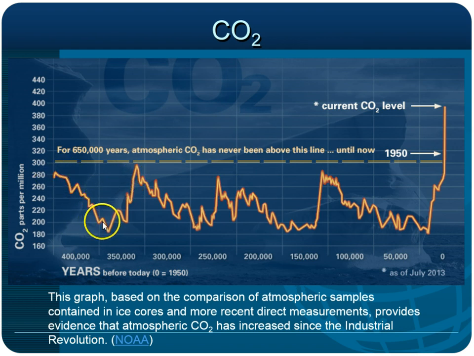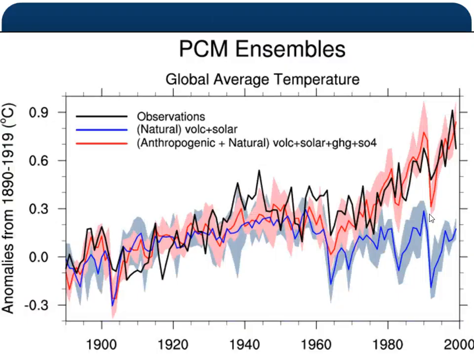This is over tens of thousands of years that you have these changes. But look here, this has been over less than 200. So that's got to tell you something about this not being a natural cycle. The natural cycles seem to be very predictable, and they take a long time. This is like nothing we've seen before.